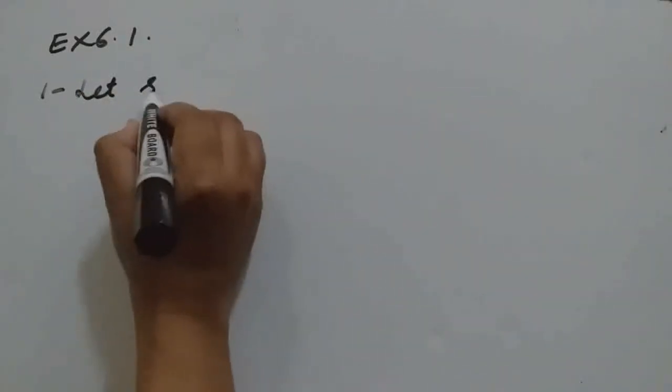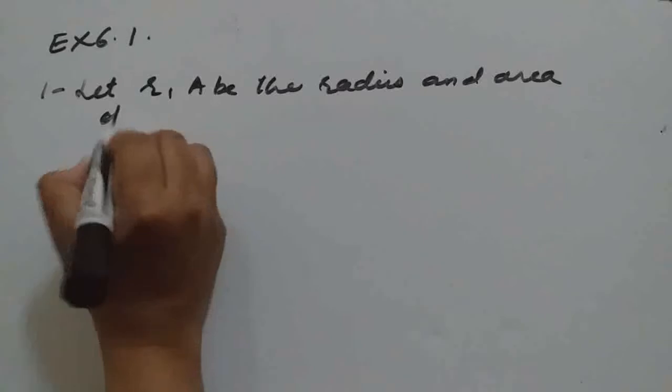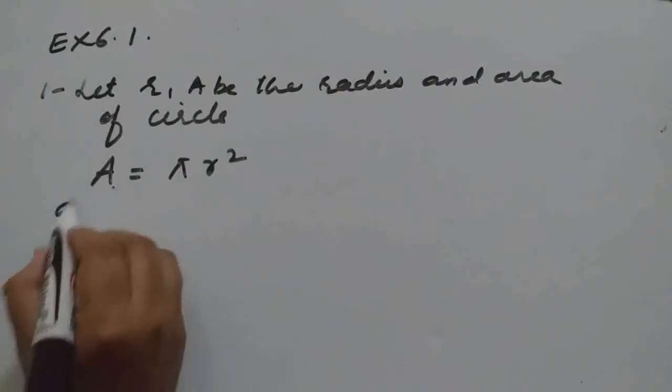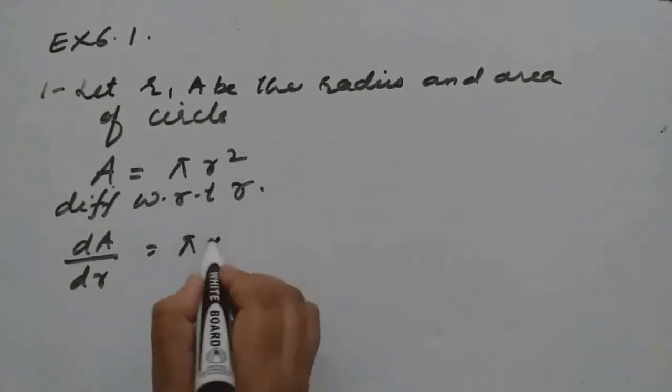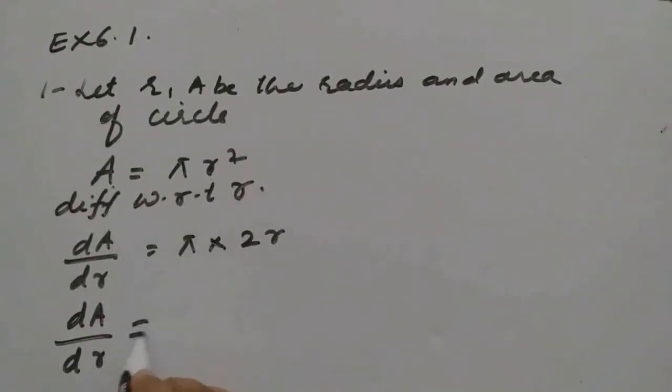Question 1 is given: find the rate of change of area of the circle. So dA by dr is 2 pi r.